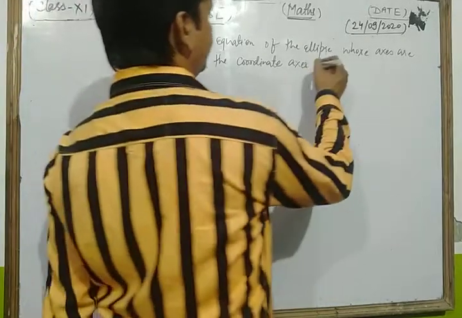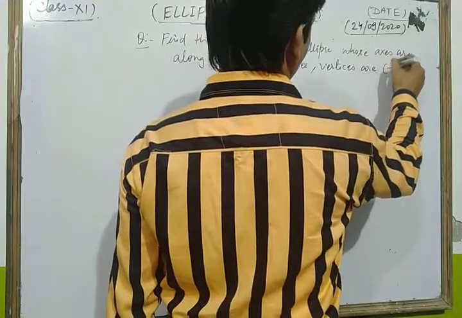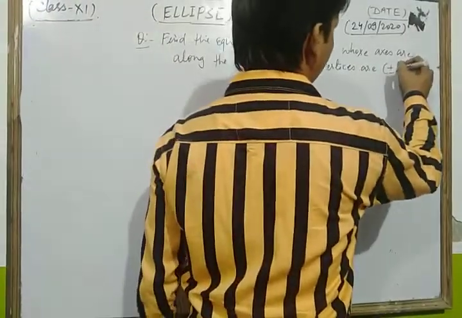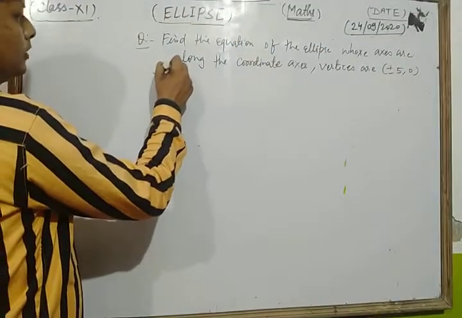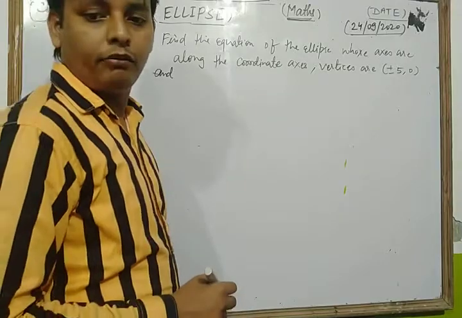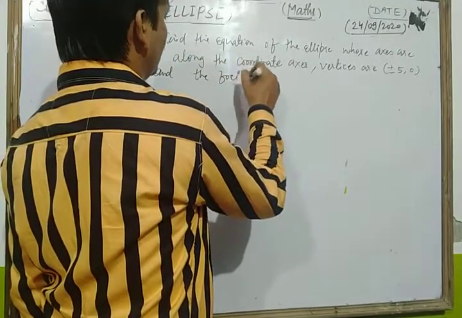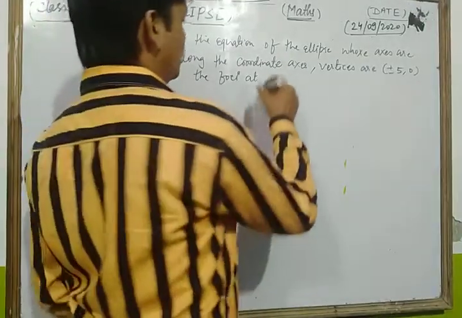Vertices are plus minus 50 and the foci at plus minus 40.